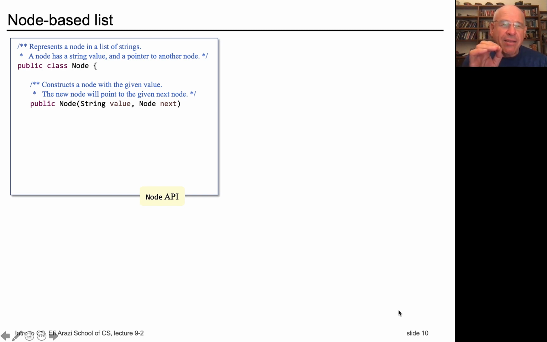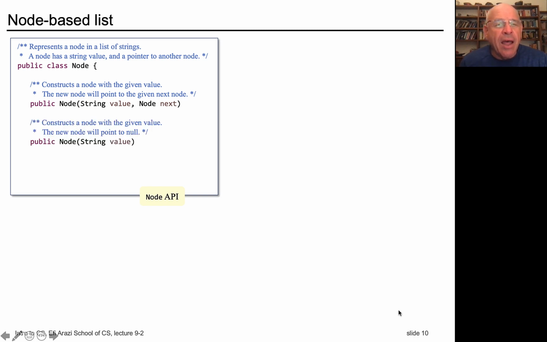Notice that this data structure is recursive. It's recursive in the sense that the second element that I called next is itself a node, right? So the node object contains another node, which is the tail, the next node in the list. And I'm going to have another constructor.